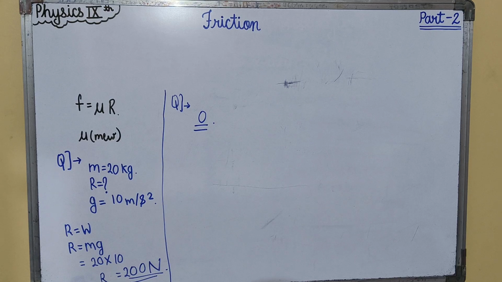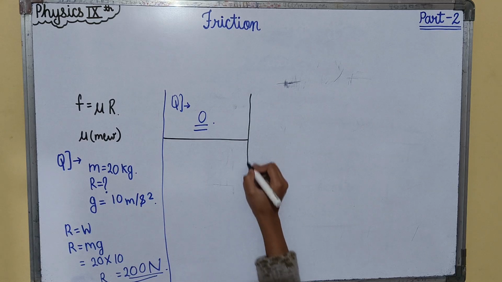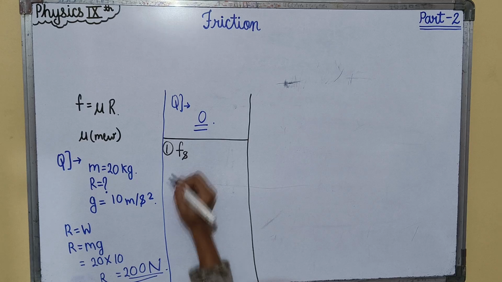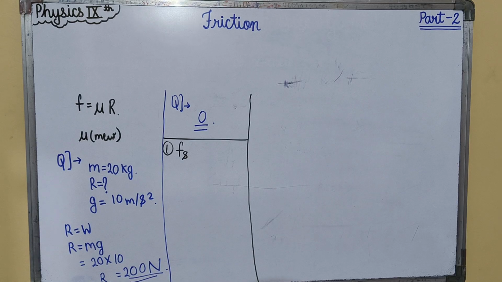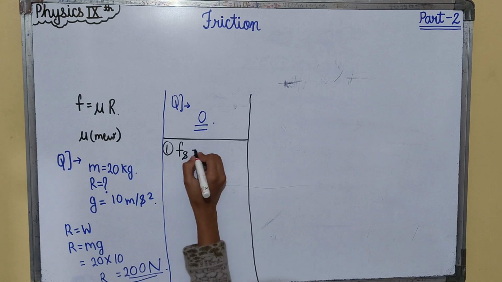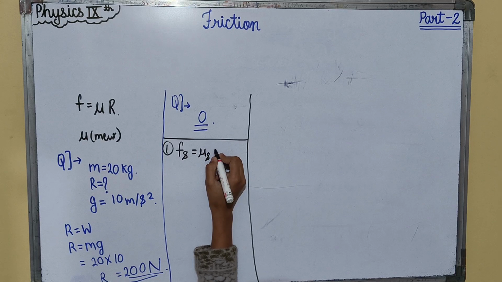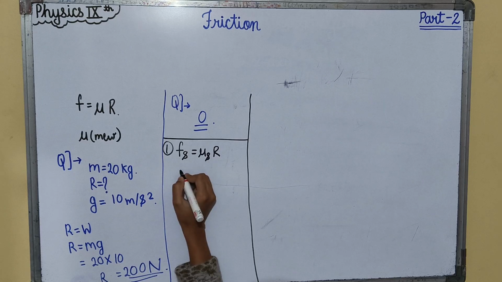Calculation of different types of frictions. First, static frictional force. The magnitude of the limiting friction, static friction, is directly proportional to the normal reaction between the surfaces. So this is equal to mu static into normal reaction.